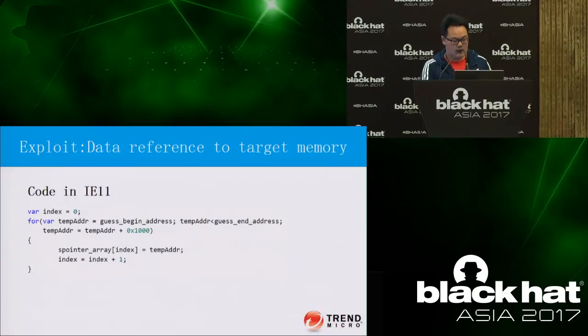The pointer array saves addresses like this. The target address is between the beginning address and the end address. So this array will have an index which saves the target address.